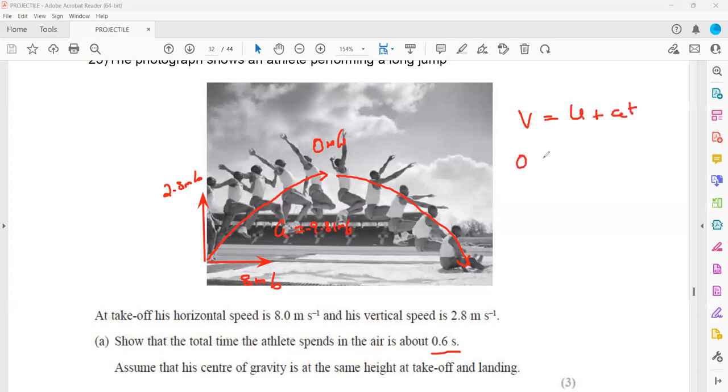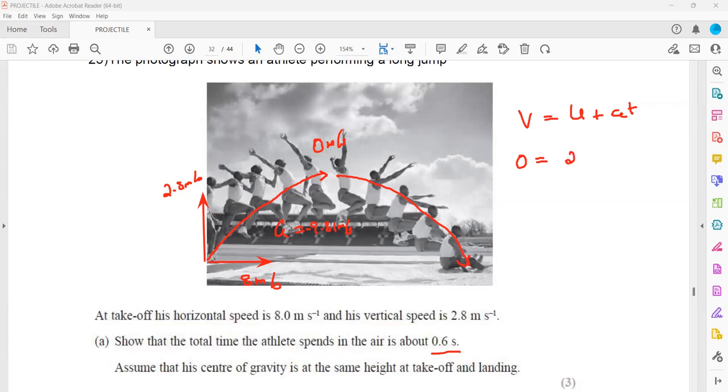The final vertical is 0. The initial vertical is 2.8, as they already mentioned in the question. And acceleration is due to gravity, which is 9.81.